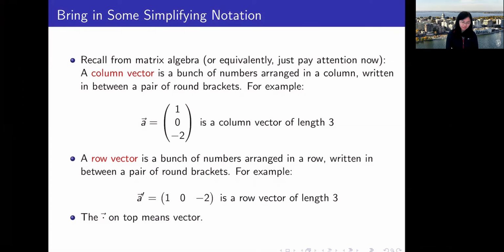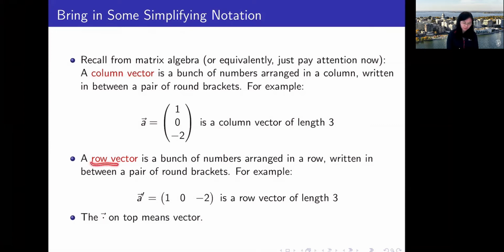And this column vector is of length 3, and the length of the column vector is the number of numbers that you arrange in the column. Here there are 3 numbers, therefore this column vector has length 3. So that's the definition of a column vector.